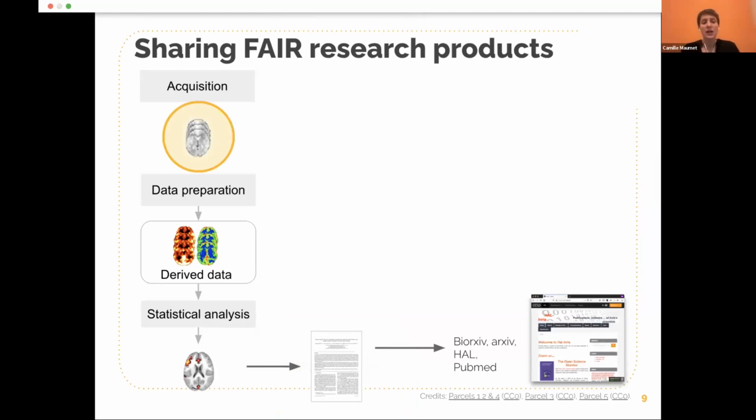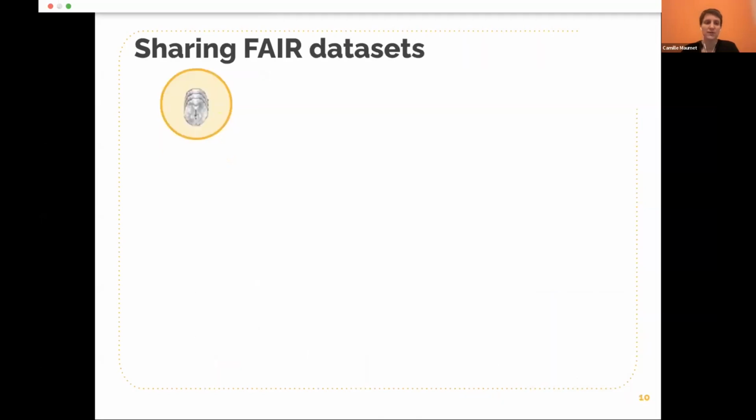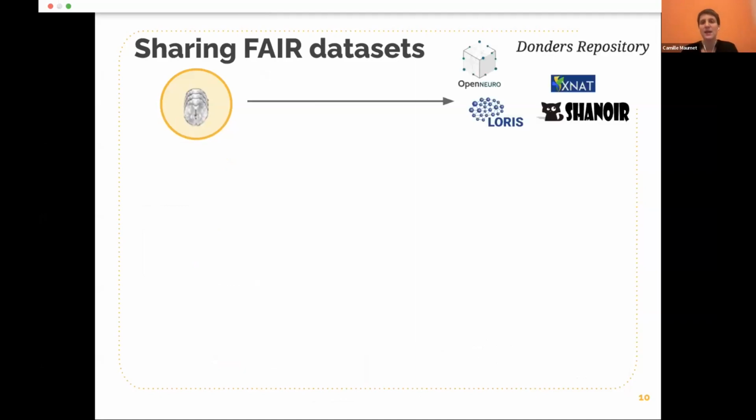And so the community initially, and then the funders later on, started to focus on how we can actually share the data that were in support of our research study. When we want to share our data, first we need to make a package with them, and then we need to find a home. There are a number of homes right now, including OpenNeuro, XNAT Central, LORIS, and CHAT is another example.